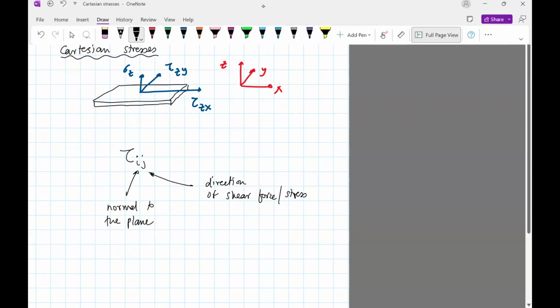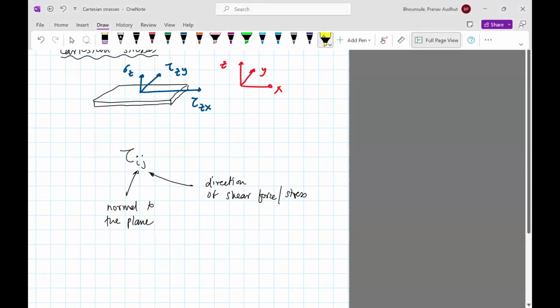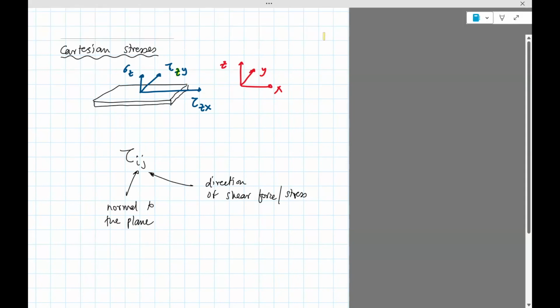So how is that linked to what I have shown here? I have z here, which indicates the normal to the plane. That means it's acting in this plane. The best way of representing a plane is through the normal to the plane. The normal to the plane is z, and that's why I have tau z.